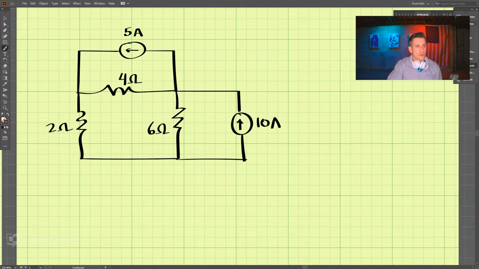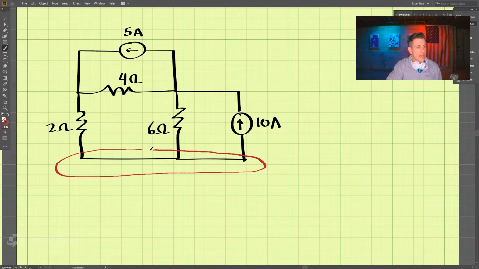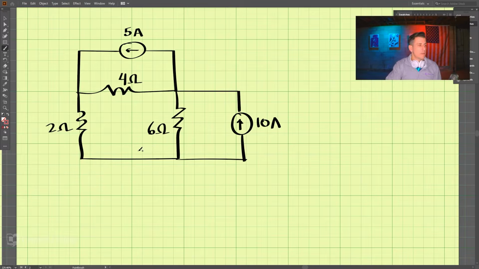So if we use the bottom here, this whole node as our reference node, we draw a ground, and that is 0 volts. So this node here is 0 volts.